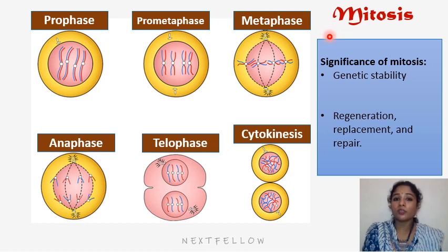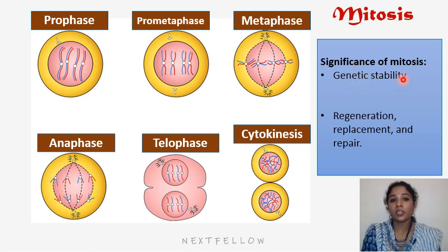The significance of mitosis is, first, genetic stability. It ensures the continuous succession of identical cells through generations, as the parent cell's same number of chromosomes is given to the daughter cells. It also helps in the growth and development of the body.